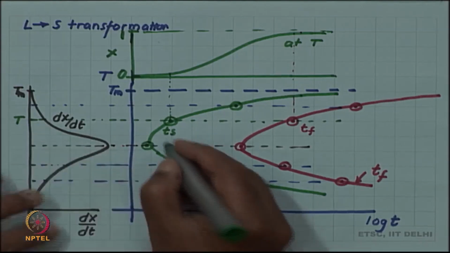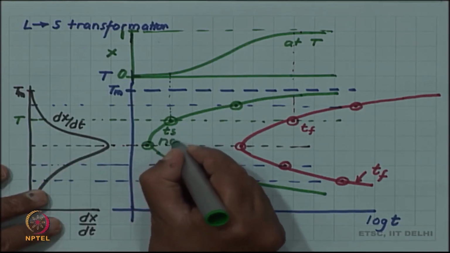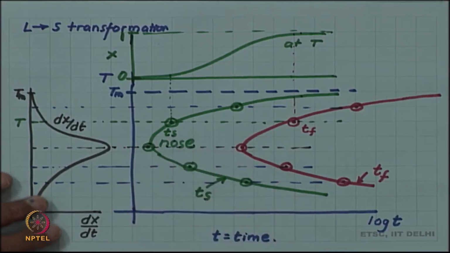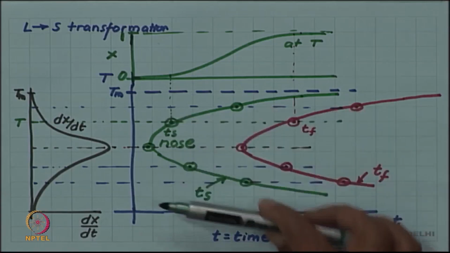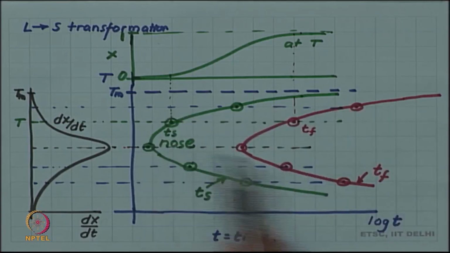So, this is the nose. Above and below the nose you have longer times than at the nose.